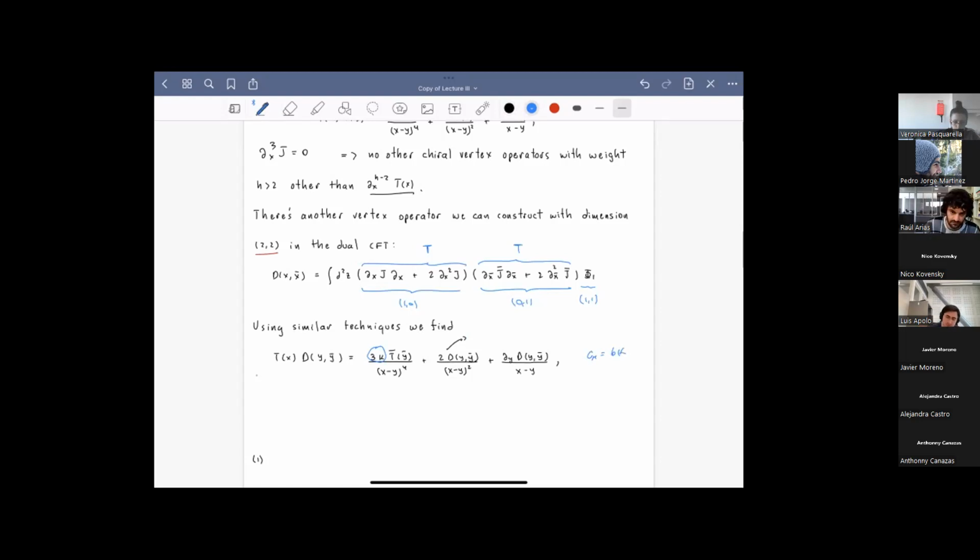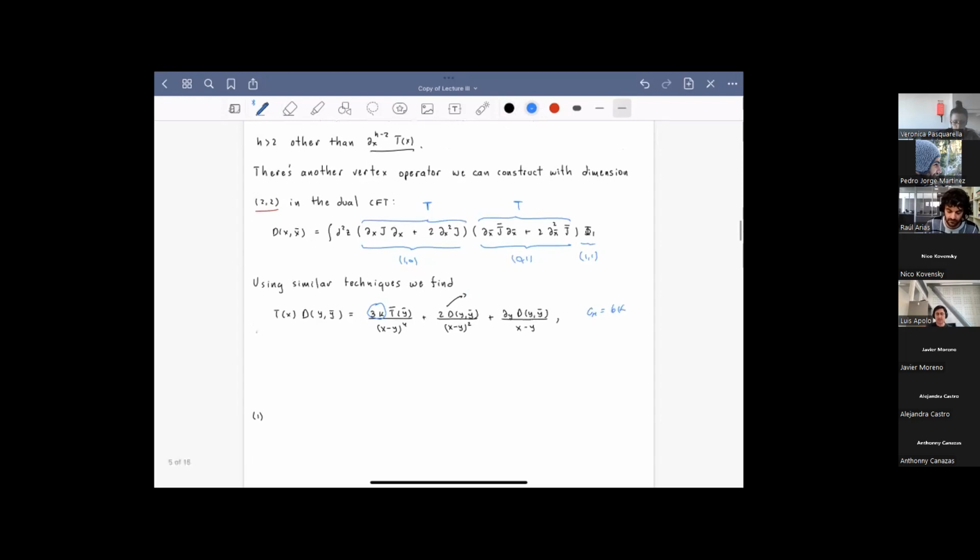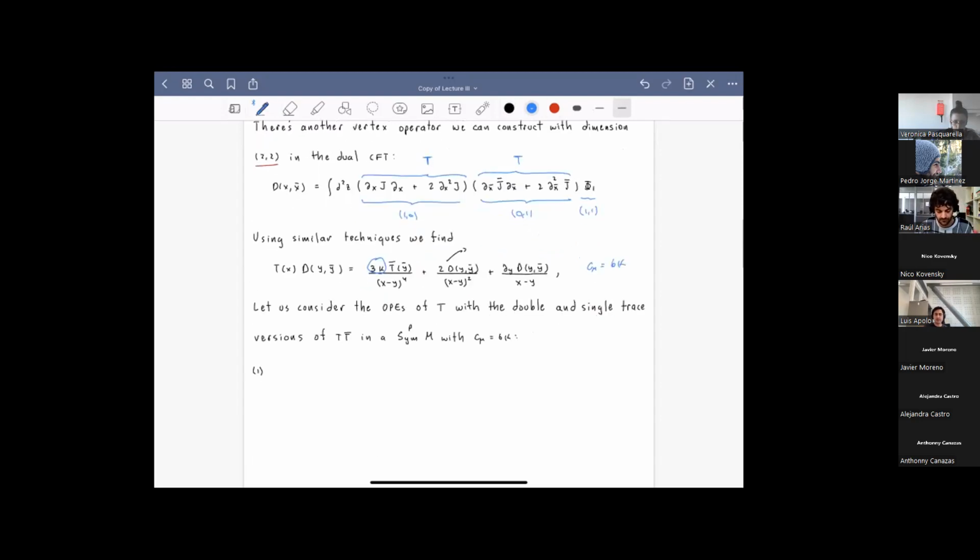In order to understand this difference, it's helpful to go back to the double and single trace versions of the TTbar operator in a symmetric orbifold, whose seed central charge is just 6k. We're going to evaluate the OPEs of these operators with the stress tensor and see what we get.